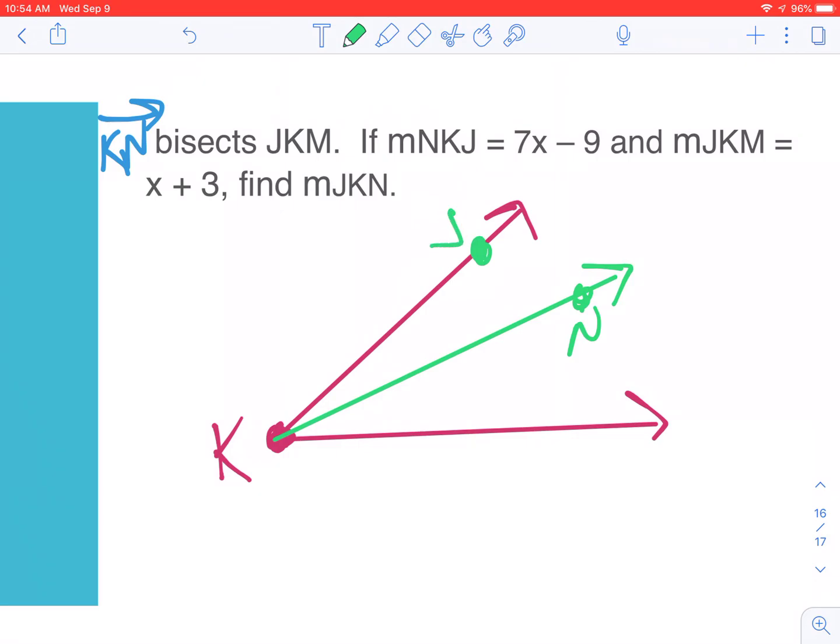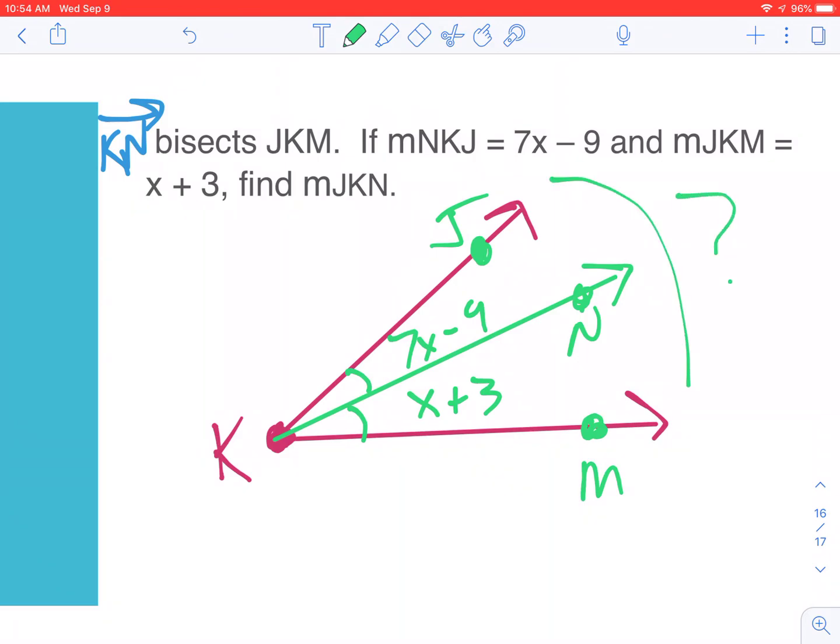And we have JKM once again. Now, it says if NKJ, oh, by the way, these are congruent. Mark them congruent. NKJ is 7x minus 9. And JKM is x plus 3. Find JKN.